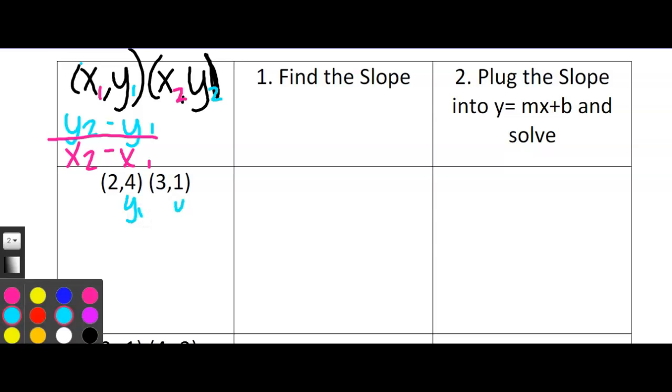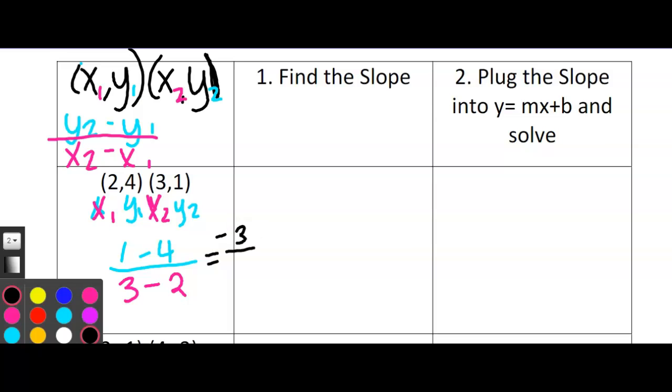So my y's, 1 minus 4 goes on top. And then my x's. x2 is 3, x1 is 2, and then I subtract. And I get negative 3 over positive 1. So my slope is going to be negative 3.